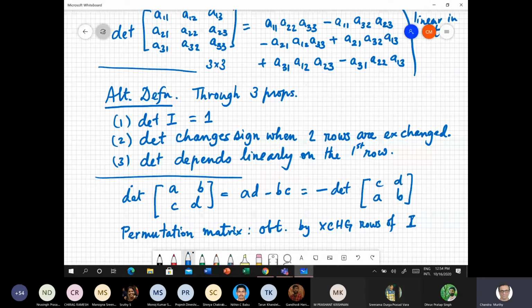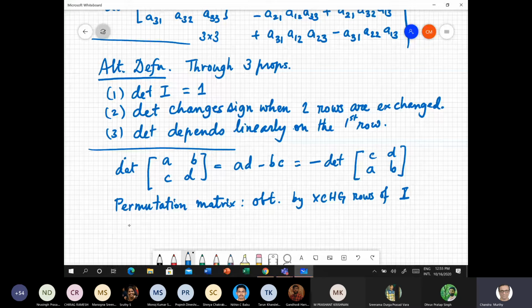Okay, this is one way to think of a permutation matrix. A permutation matrix, if I denote it by P, then determinant of P is always equal to plus or minus 1. So for any permutation matrix, since it's obtained by exchanging rows of the identity matrix, and when you exchange rows, the sign of the determinant changes, the determinant of P is plus or minus the determinant of the identity matrix, which is equal to 1.